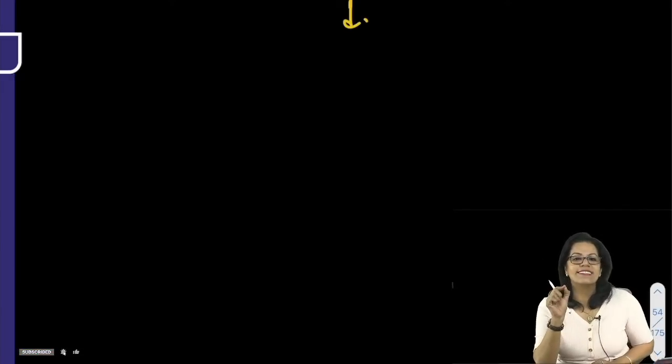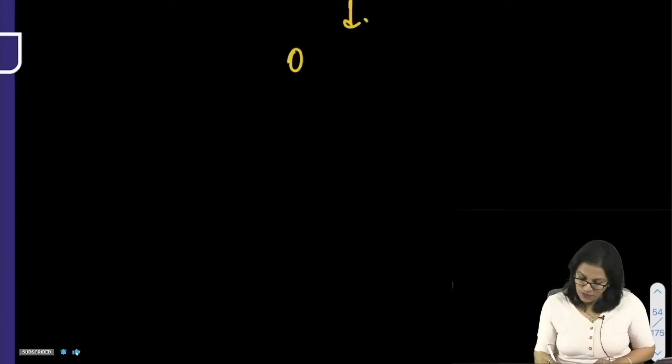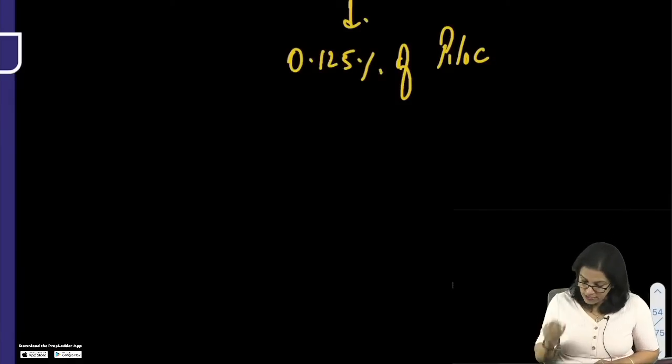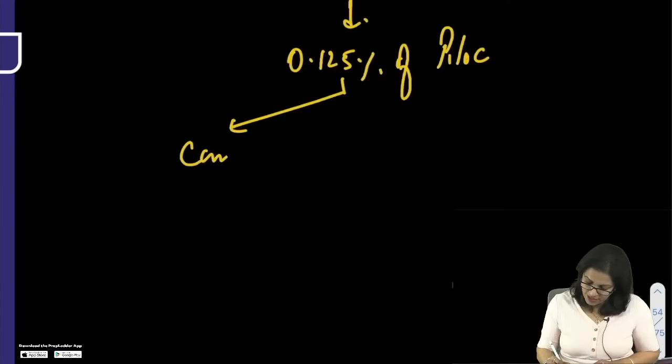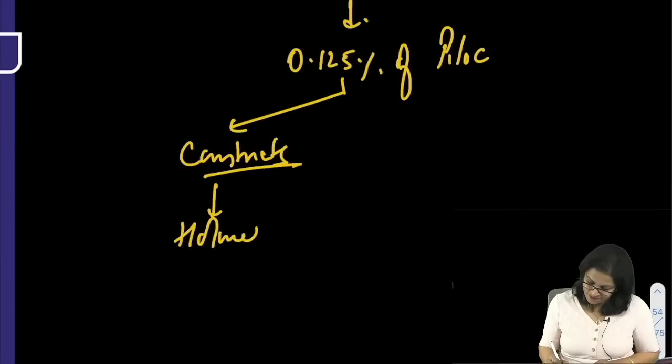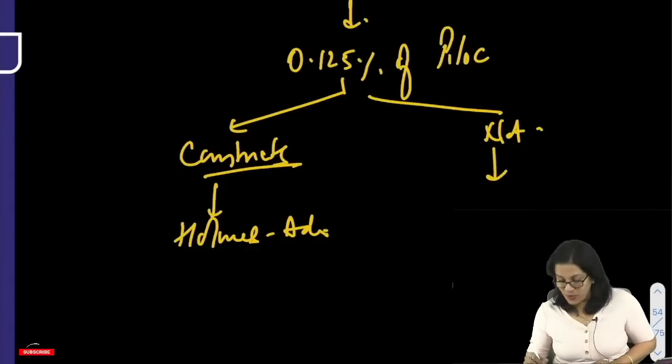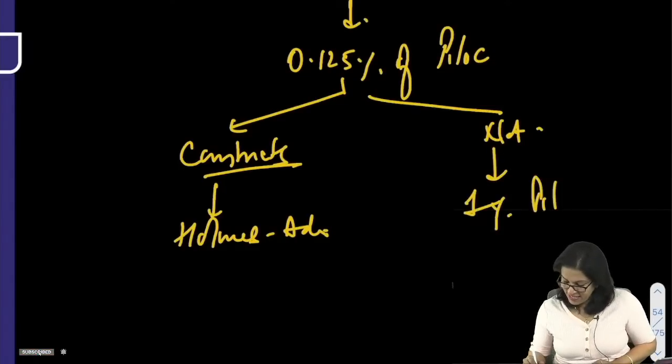Very small percentage of pilocarpine. So I am going to use 0.125% pilocarpine and try to constrict this pupil. If it constricts quickly, this confirms it is a Holmes-Addy pupil. If it is not constricting, let me use a normal concentration of pilocarpine, that is 1% pilo.